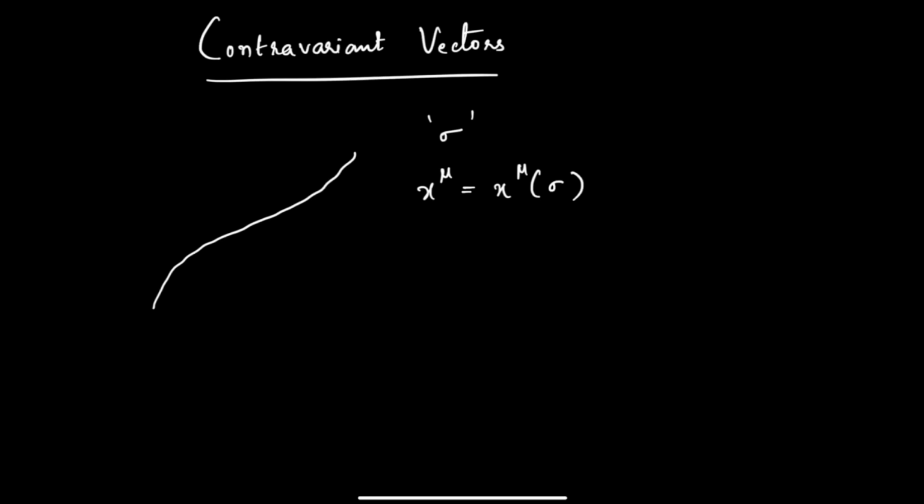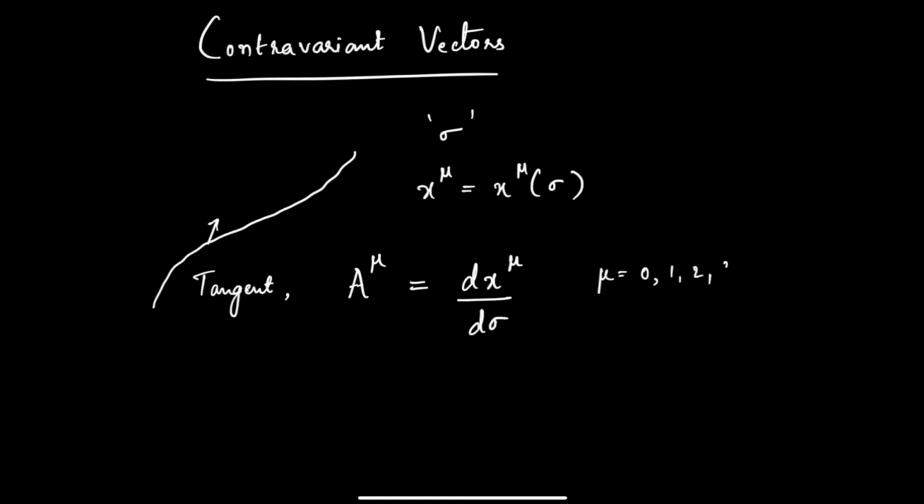Sigma is the curvature parameter. And we have already seen the tangent to this curve, right? I am representing it now by A mu, which is dx mu by d sigma. Here I am considering a 3-dimensional space time, therefore mu runs over 3 values.